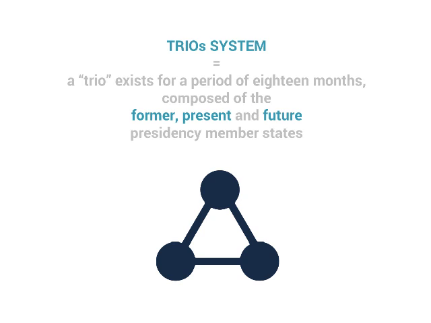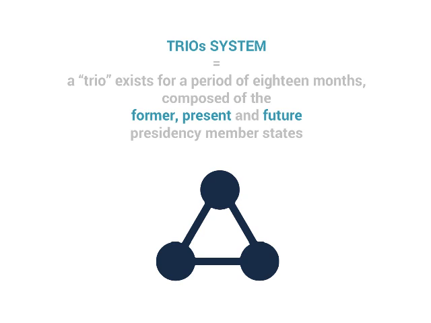The presidency of the Council is enjoyed on a rotating basis by each of the 28 member states for a period of 6 months. However, in order to ensure a seamless transfer of responsibility between each member state presidency, the Council presidency system is organised around what is known as presidency trios.